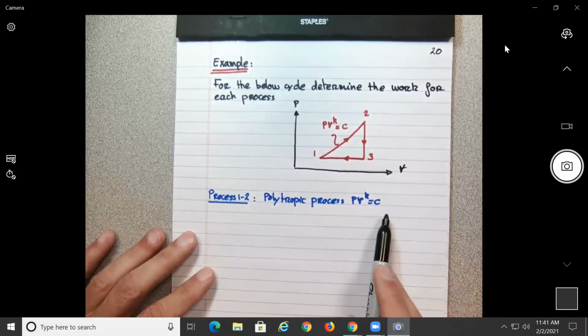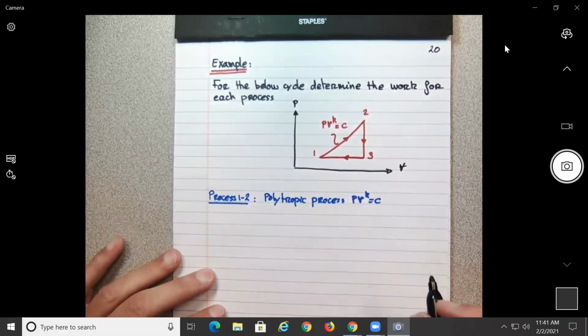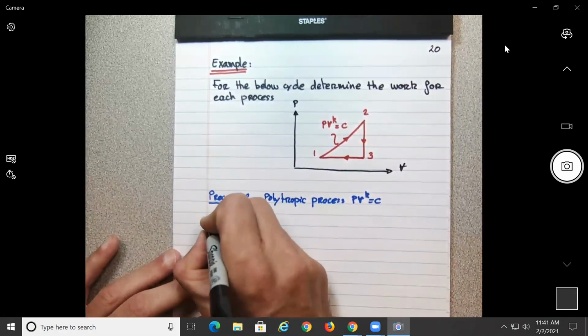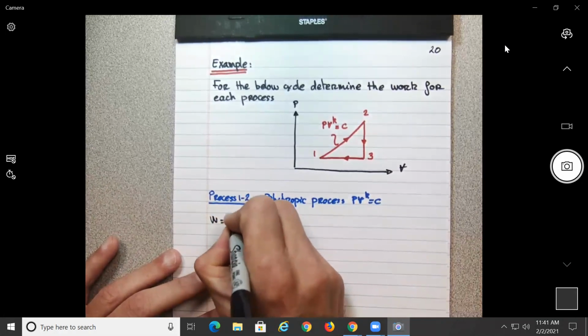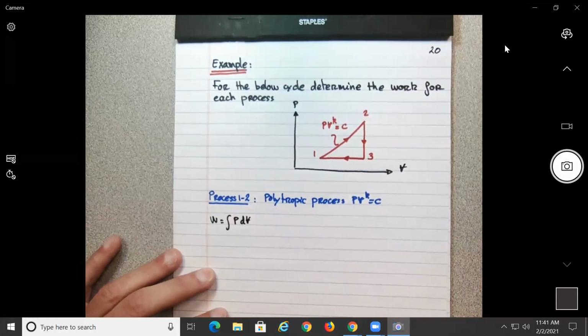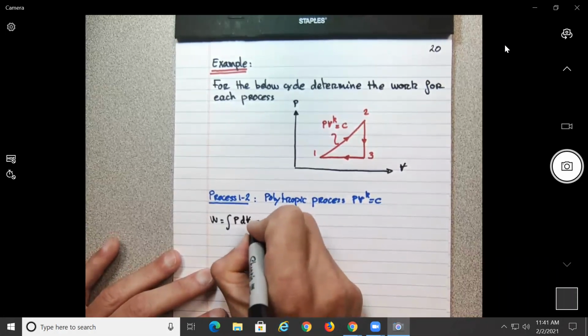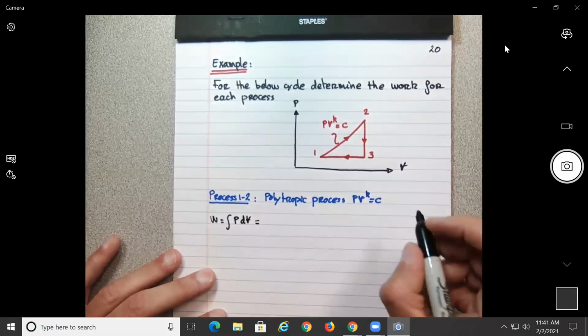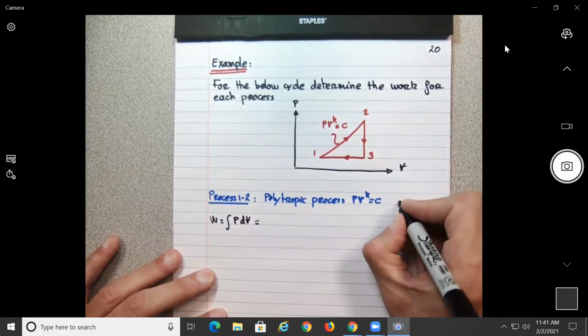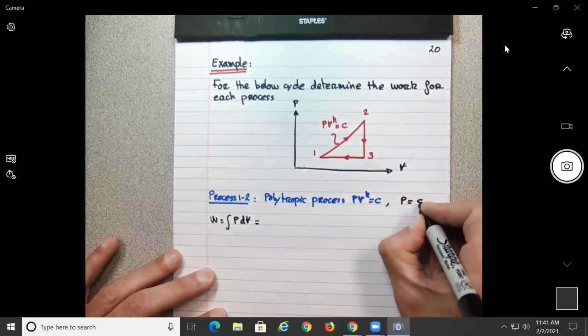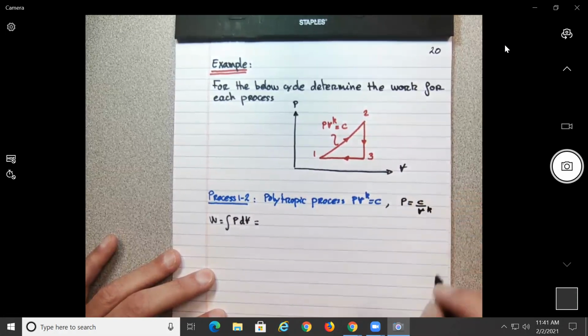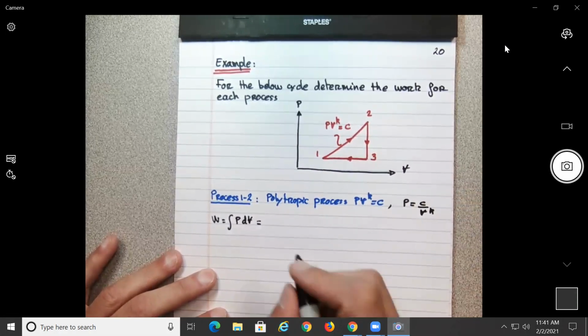Okay? So what is the general equation for work? PdV. Okay? So over here, if this is a polytropic process, P is equal to C over V to the K. So this will be equal to what?